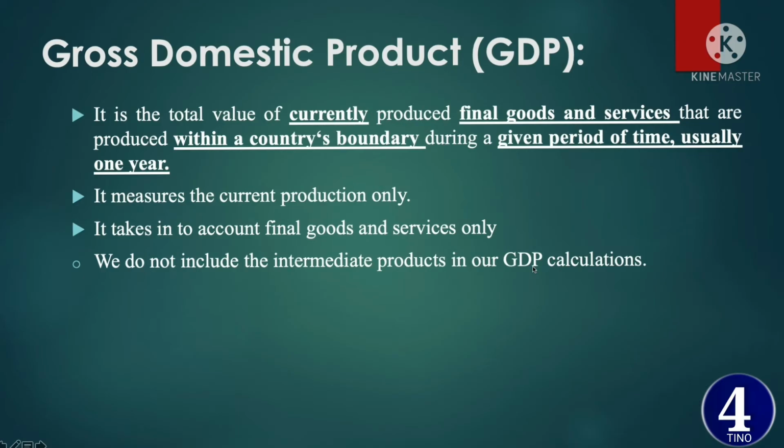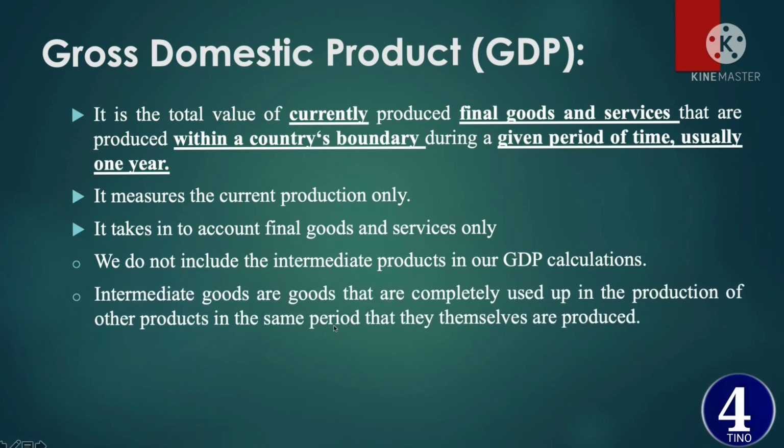For example, a tire is an intermediate product which is going to be completely used for the next production, which is a car. So intermediate goods are goods that are going to be completely used in the production of other products in the same period in which they themselves are produced. So whenever we count a given product, we have to make sure that it is a final product for the given year in which it has been produced.